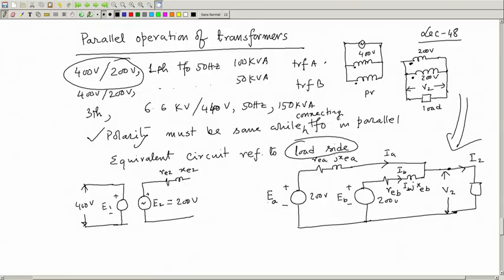Now, the necessity of connecting two transformers in parallel, we also discussed. In case you have a single transformer supplying a load and the load demand has increased, then you would have to purchase another transformer of higher kVA.